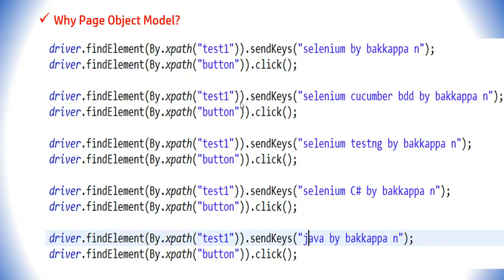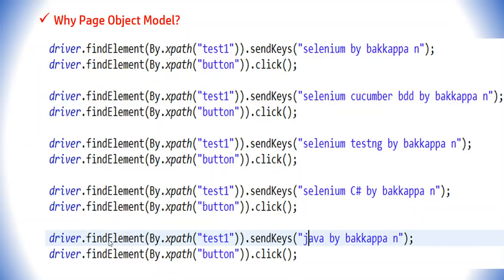The next time, we identify the same element using driver.findElement, with the same XPath value test1, but we pass a different value, Selenium Cucumber BDD by Bakappayan. Next we pass Selenium TestNG by Bakappayan, then Selenium C# by Bakappayan, and the last time Selenium by Bakappayan.